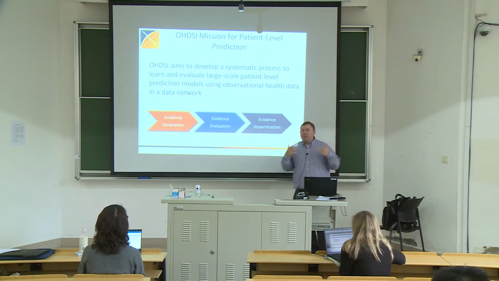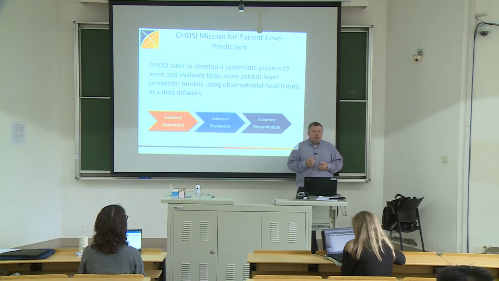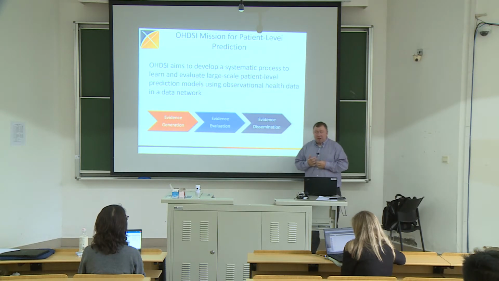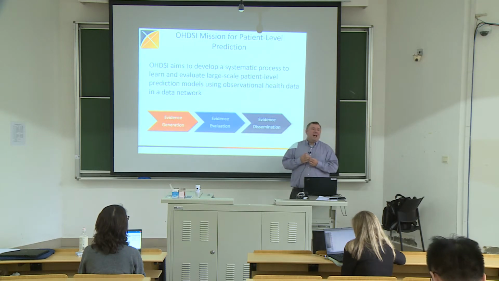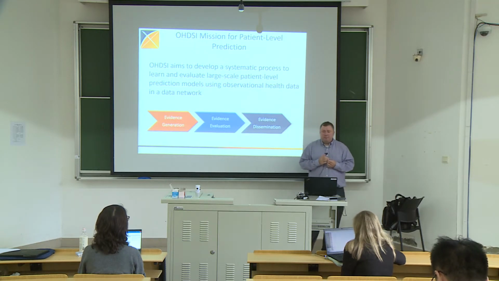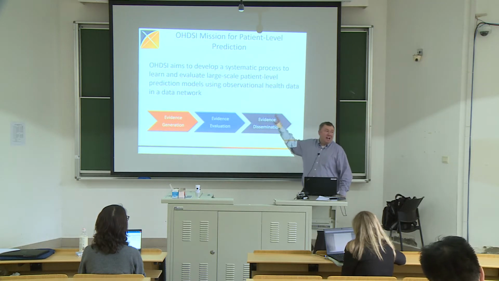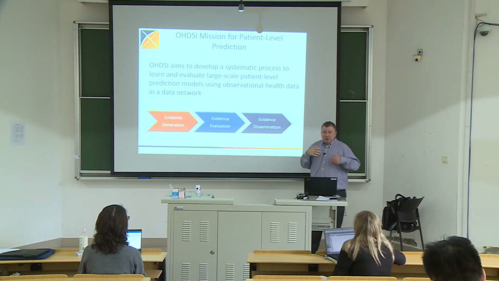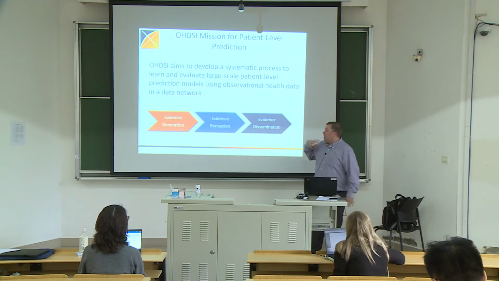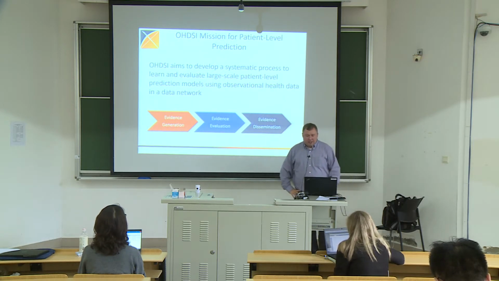So the work that I'm sharing with you today is actually the work of a large work group led by Jenna Reps at Janssen Research and Development and Peter Rijnbeek at Erasmus MC in Rotterdam, Netherlands, who are leading a work group that are solving the scientific problem of how to do prediction in healthcare. And so what Kristin and I are sharing with you is really the work of a large group that's working in this space.